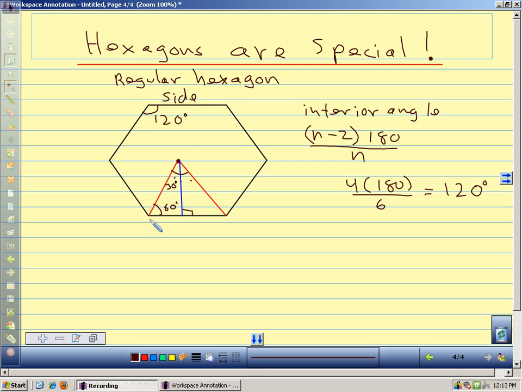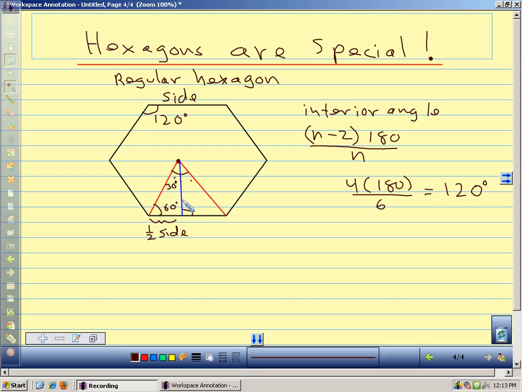how long is this little piece? What does the blue segment do to the side? Cuts it in half. So this is the side divided by 2, or half the side. On my 30, 60, 90 triangle, is this the short side, the long side, or the hypotenuse? That's the short side.